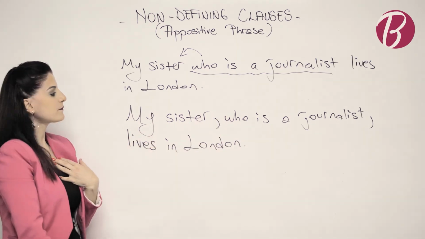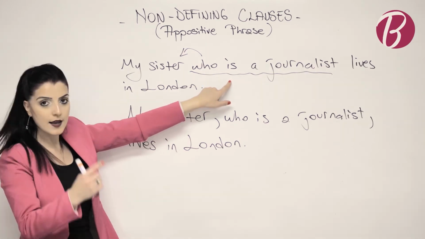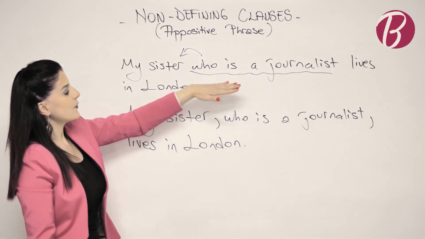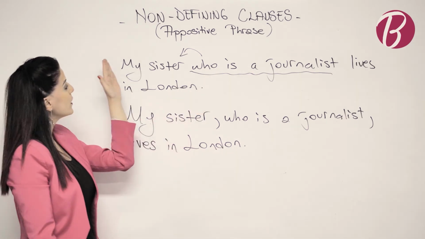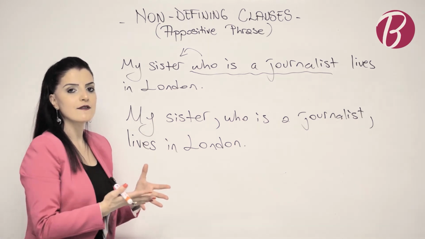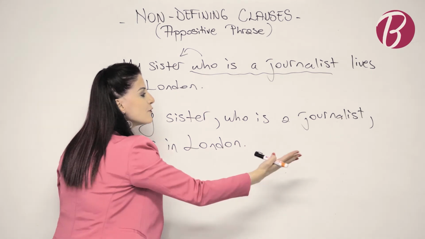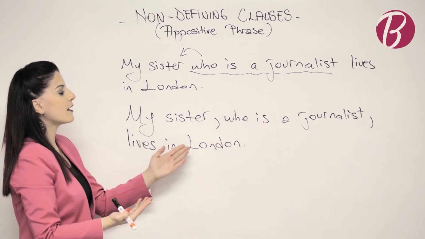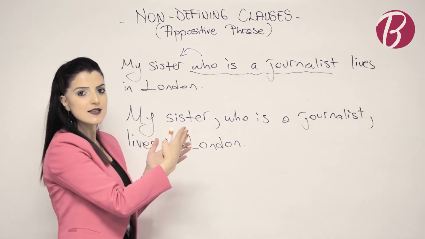If you tell me, my sister who is a journalist without commas, in this way, I understand you have other sisters. So, in order to define somebody or something, we should choose a defining clause. But if you want to give just extra information, in order not to make other sentences, for example, I can say also, my sister lives in London, she is a journalist, and so on, so I can add some other sentences.